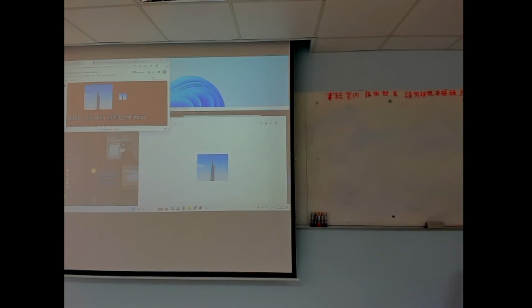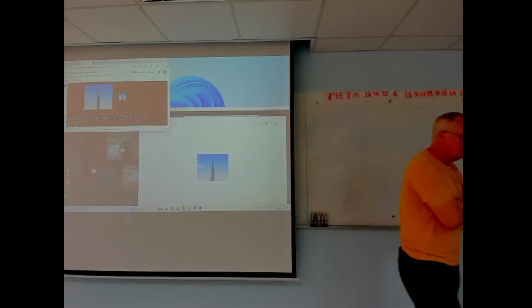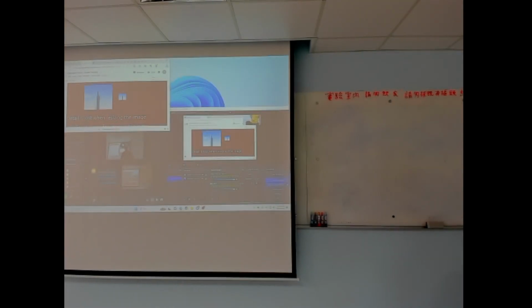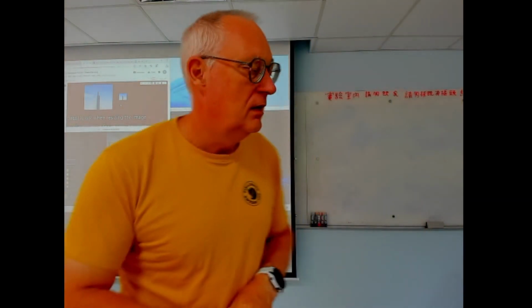So here we start out with the image of Taipei 101, and I want to be able to make that image smaller, to zoom out. Use it as a thumbnail or something like that for my website.